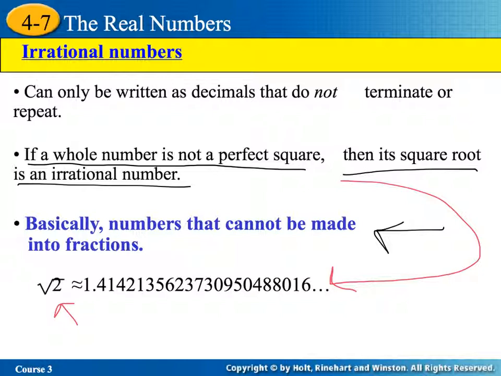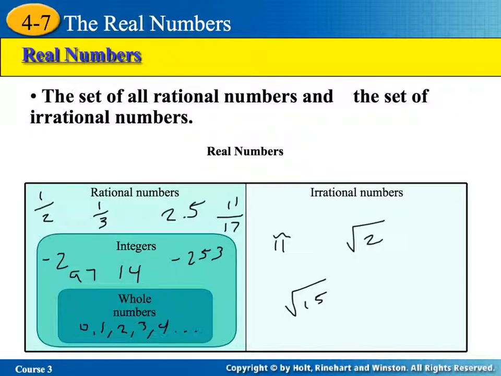Remember, your perfect squares would be 1, 4, 9, 16, and so on. So if it is not a perfect square, its square root is an irrational number. A little hint for that. Please pause and write this down now.